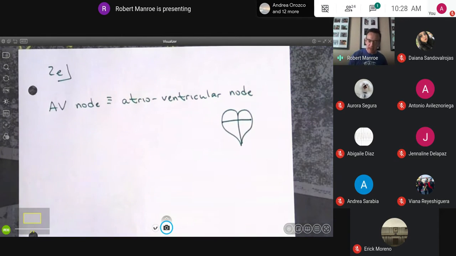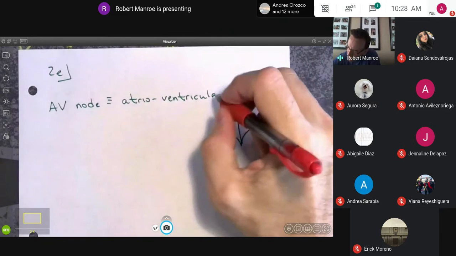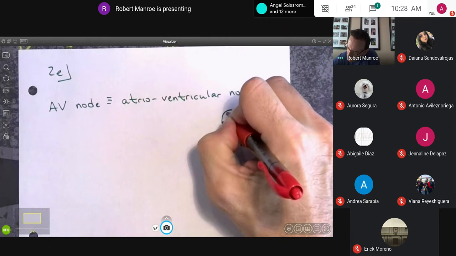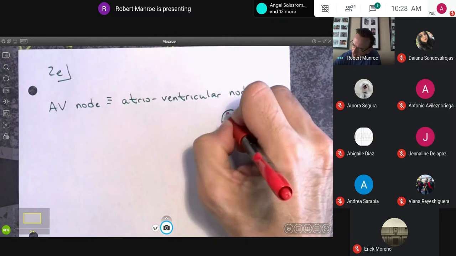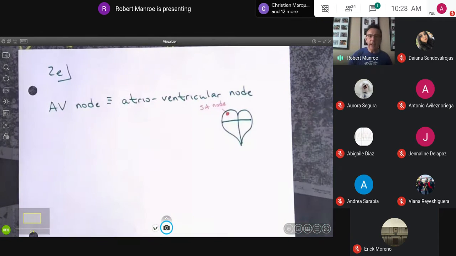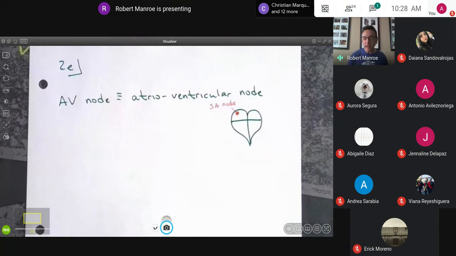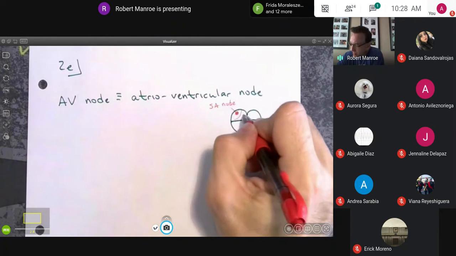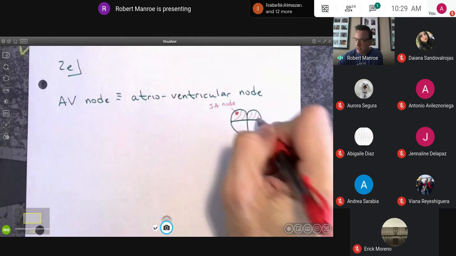So what happens here is you have the SA node here in the top right, like this, SA node. And when the SA node depolarizes, it sends out a wave, a nerve impulse that moves or propagates through your heart like such.